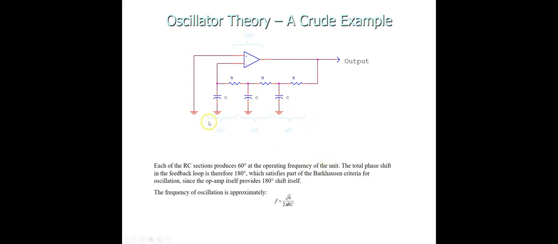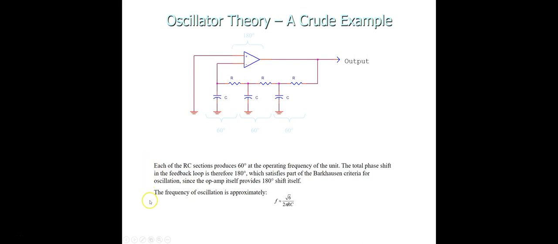But here you can easily see how it is able to achieve the positive feedback. If you add up these, it will make up 180 degrees, which means this feedback is in phase with the input signal which is coming here. So they both are in the same phase.